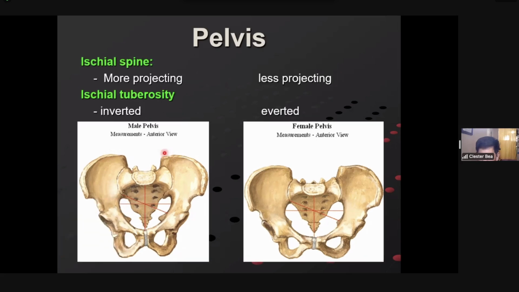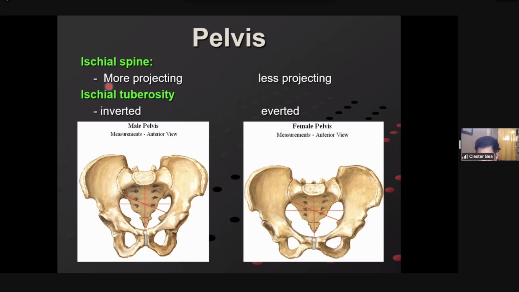Now the ischial spine is more projecting, more pointed, in the male, as you would compare it to the female, where it is less projecting. Now the ischial tuberosity is inverted in the male, while it is everted in the female.